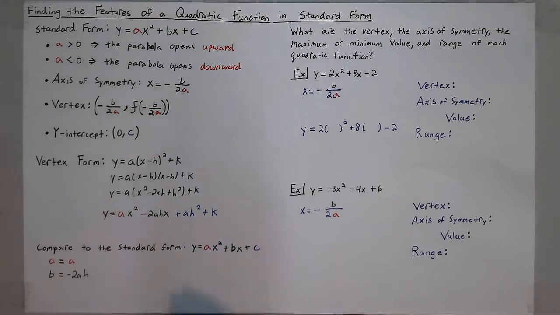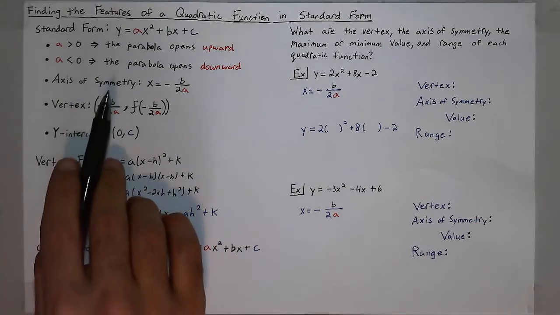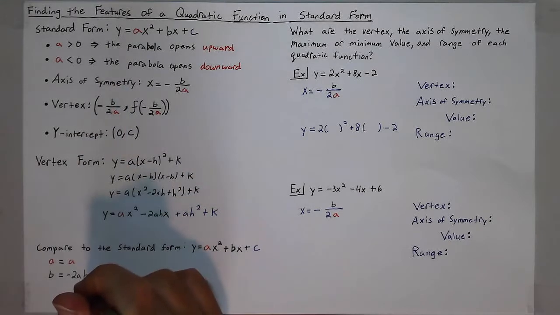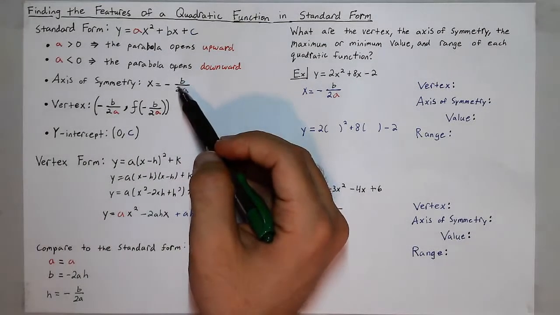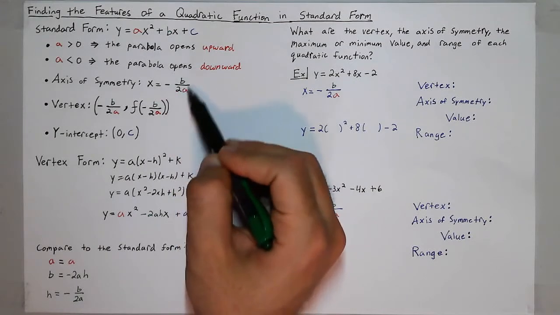Now, normally, I know that the axis of symmetry is x equals that h value. So if I take this expression and solve it for h, I'll learn that h is equal to b divided by negative 2a, which is negative b over 2a, which lines up with what my axis of symmetry should be.